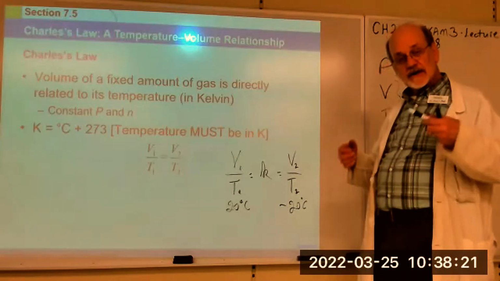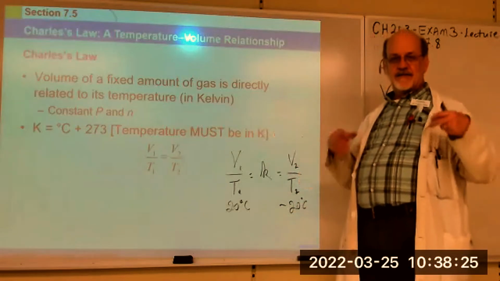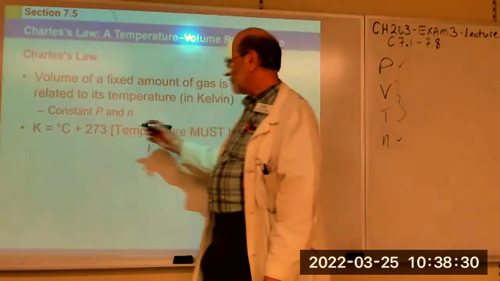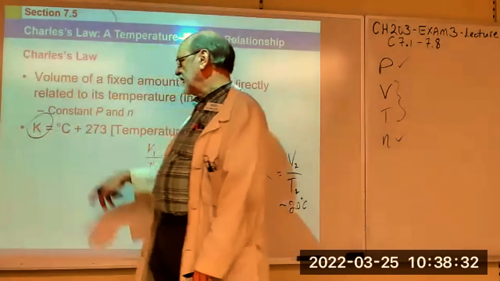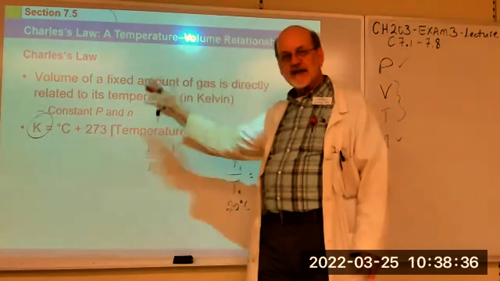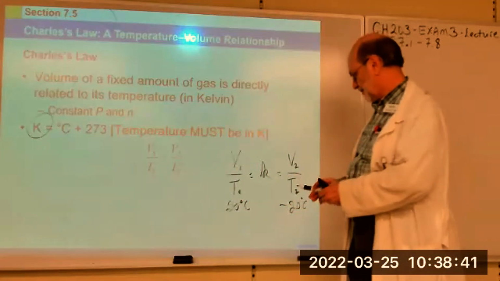He needed a temperature scale that was always positive. That's the absolute temperature scale, Kelvin. Degrees Celsius plus 273 is Kelvin. And that will always be a positive number.